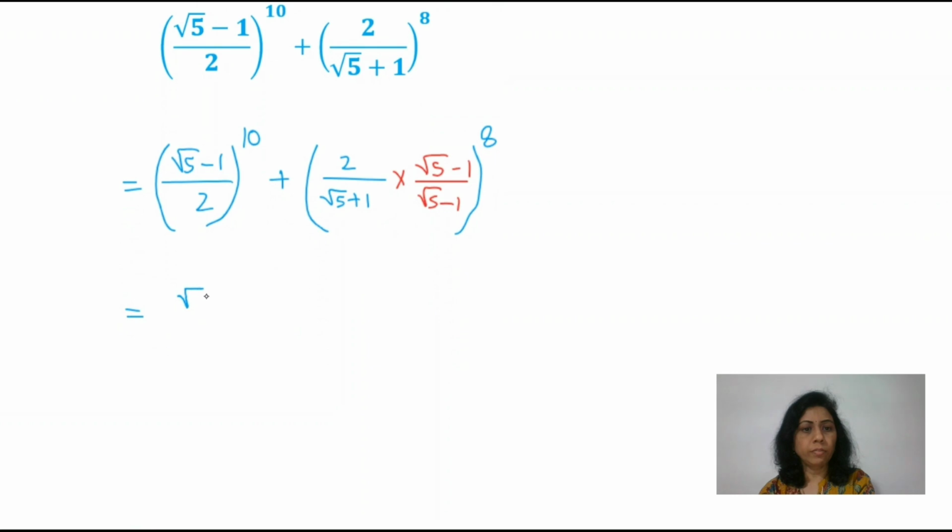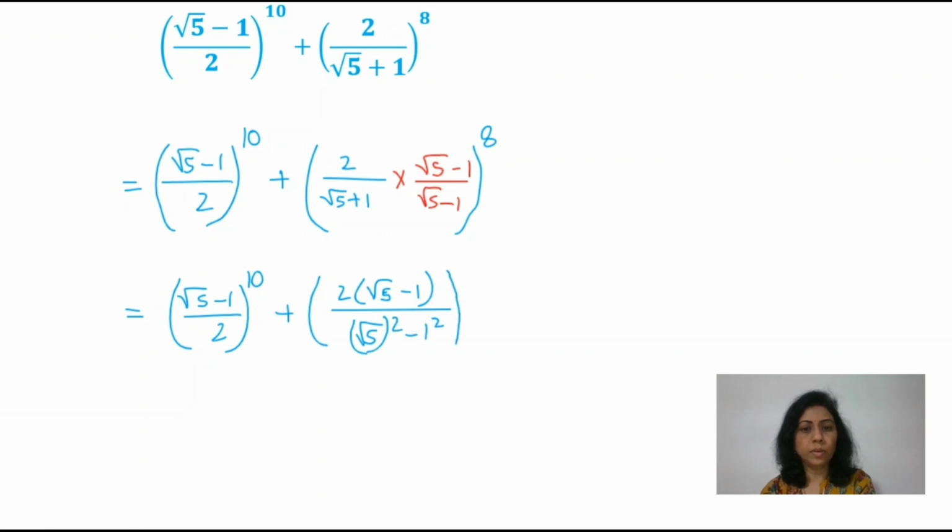So we have ((√5 − 1)/2)^10 plus 2(√5 − 1), and in the denominator we apply the algebraic identity: (√5)² − 1², to the power 8.